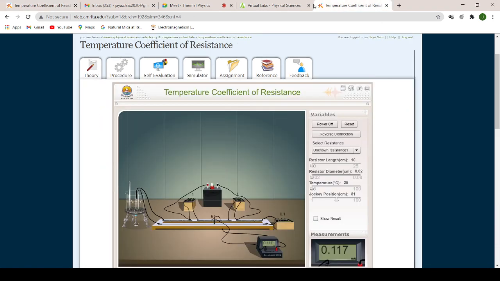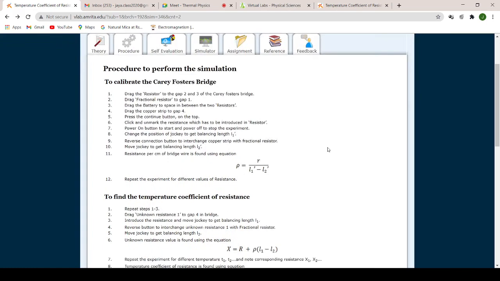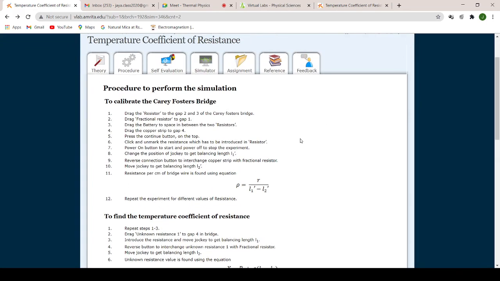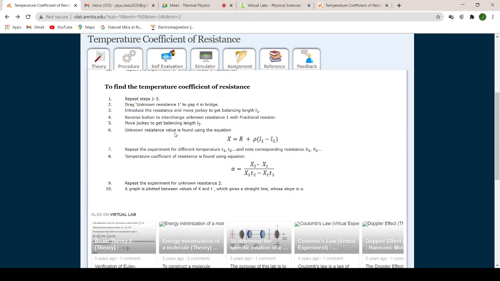It is the value of this fractional resistor, that is equal to 0.1. Don't take these two values, they are already balanced. You are trying to balance this. So 0.1, you will substitute it here, and the rho value you have already got while calibrating. That rho value you have to substitute here, and find out the value of the unknown resistance.